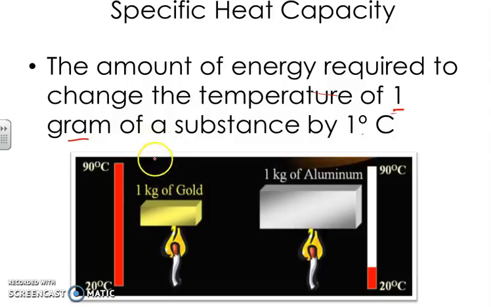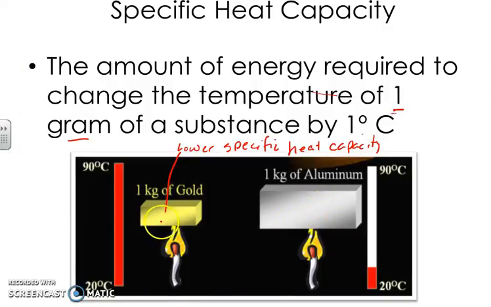So for instance, if we have equal amounts of gold and aluminum, it takes less energy to change the temperature of the gold than it does the aluminum. Gold has a lower specific heat capacity. Aluminum would have the higher.